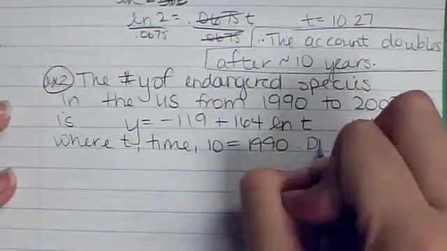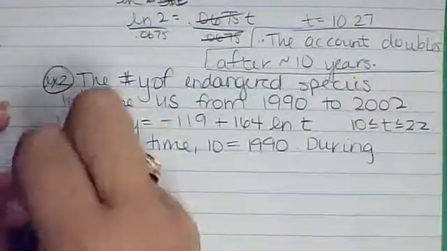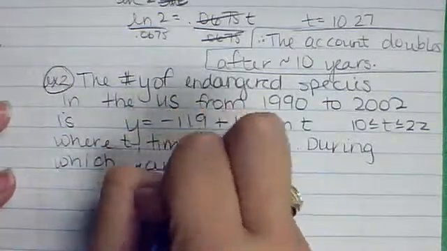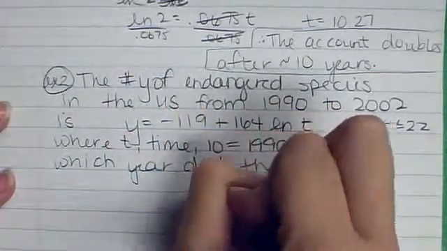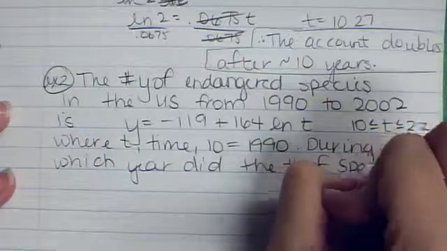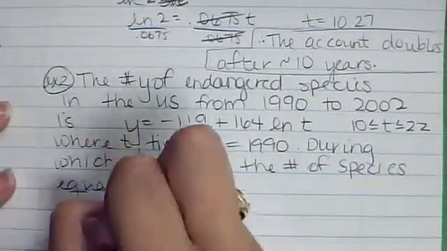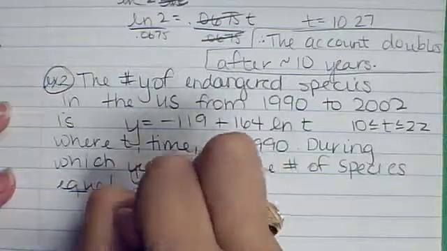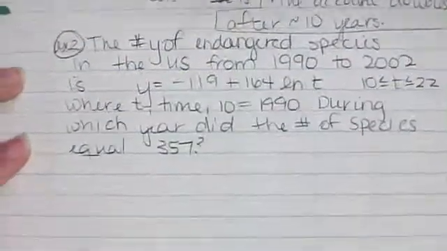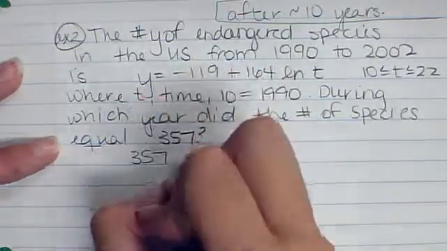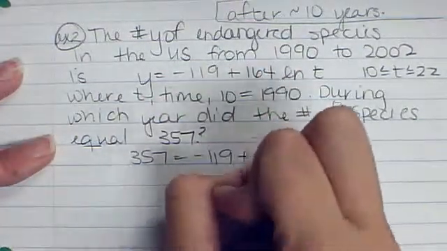During which year did the number of species equal 357? So I want to figure out what year that happened. What I'm going to do is plug 357 in place of y, and solve from there.